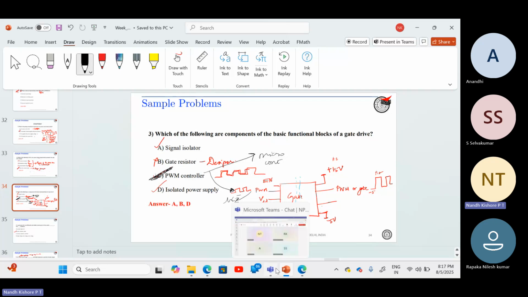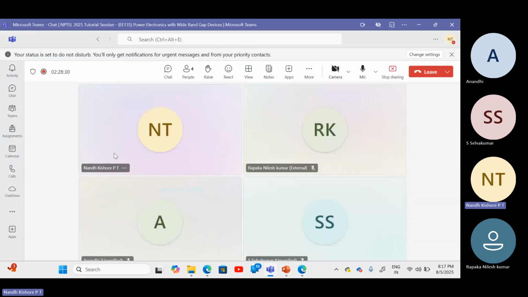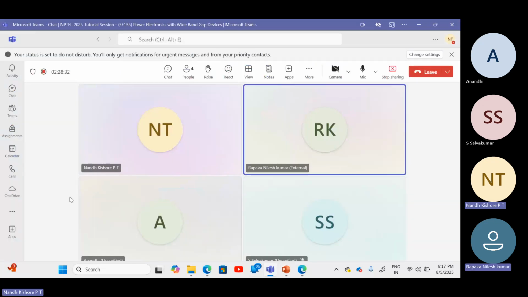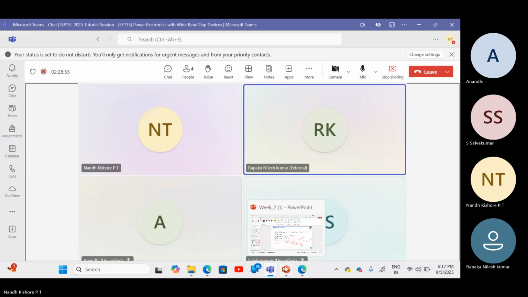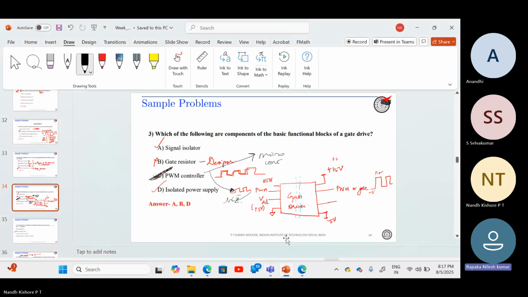Anything else that we should discuss, or can we close off for the day? Sir, I have a doubt. Yeah. Sir, you told that the gate resistor will control the switching frequency. But the design criteria of the gate resistor is not with the switching frequency, right, sir? It is told in the lecture with respect to the switching power, but its design criteria is not mostly about the switching frequency.